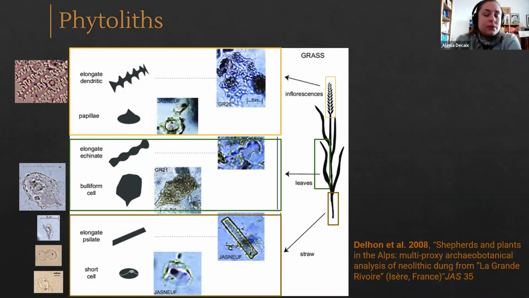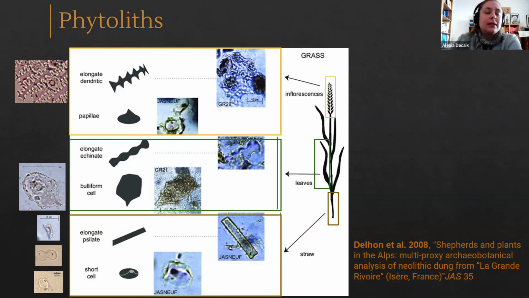And for grasses, one can then identify the different parts of the plant. The spiky and elongated cells are from the stem and the leaf, as you can see on the graph, and they're among the most frequent phytoliths that we can find. The dendriform cells are from the parts containing the seeds. You have them at the bottom of the picture.